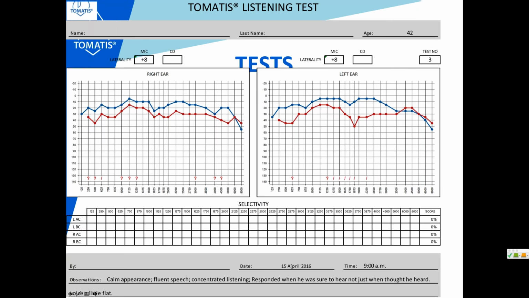Well, with older people, it's generally normal that they have drop-off because there's a hearing loss. It's part of the hearing loss that starts in this area.